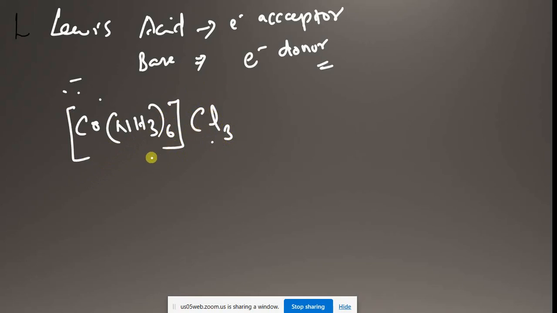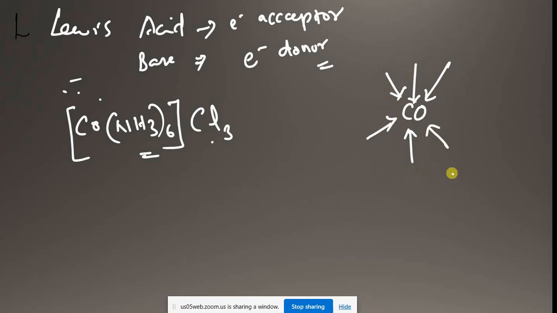So you know that here these are the ligands, and this is how the coordination compound forms. The central metal atom here, cobalt, accepts the electrons from the ligands, right? So that it is called a coordination compound.